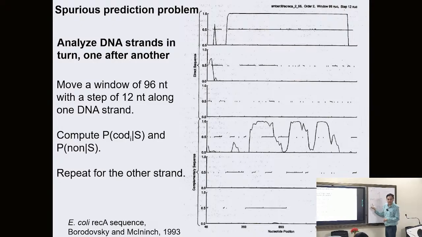Let's complement this. This is on the direct strand, positions 1, 2, 3, read 5 prime to 3 prime. On the complementary strand I would read in the opposite direction, also 5 prime to 3 prime, but from the other end.